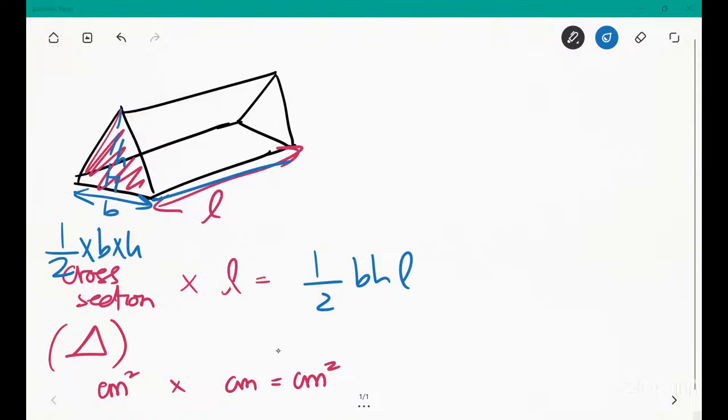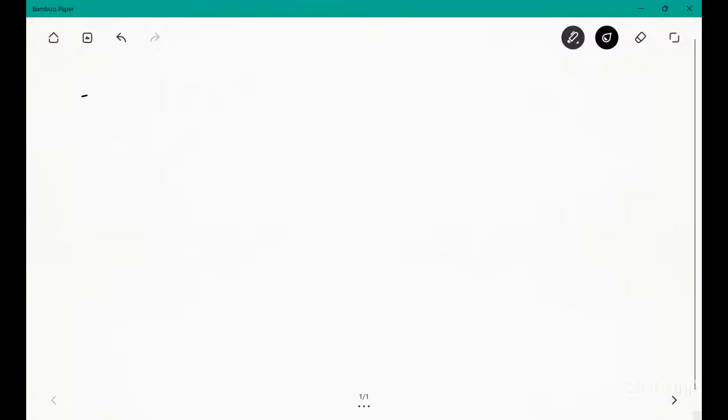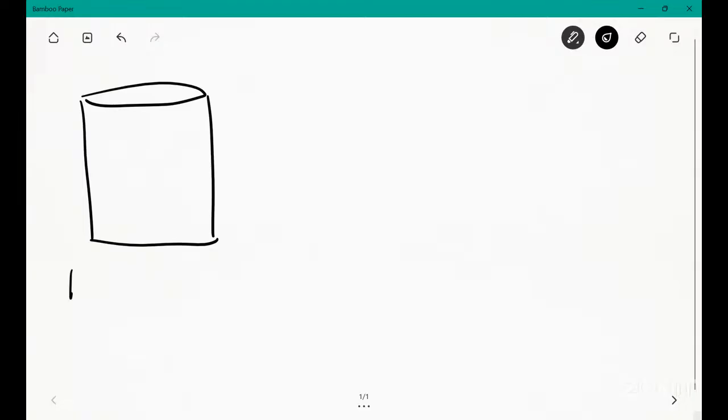Yeah, okay. So now we've covered two shapes, cylinder and prism. Let's check if you all remember. So in your cylinder, what's your area?